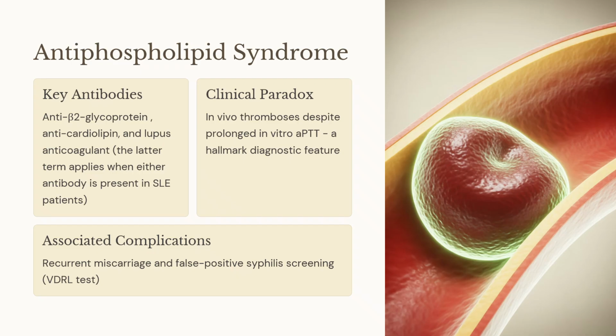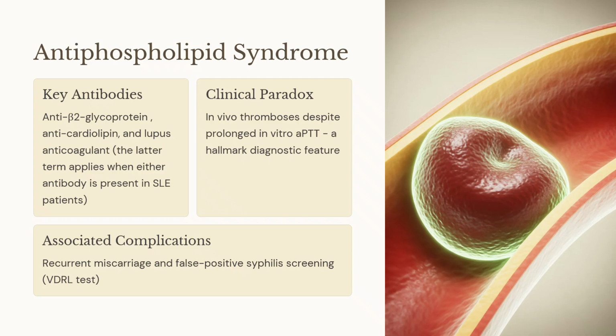In APLA, antiphospholipid antibody syndrome, the culprits are anti-beta-2 glycoprotein antibodies and anti-cardiolipin antibodies. The beta-2 glycoprotein molecule is present on the plasma membrane. The cardiolipin is present on the inner mitochondrial membrane.